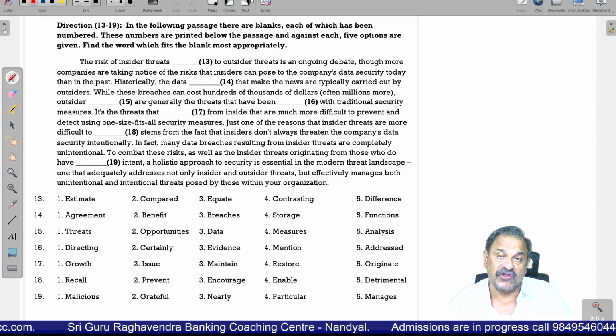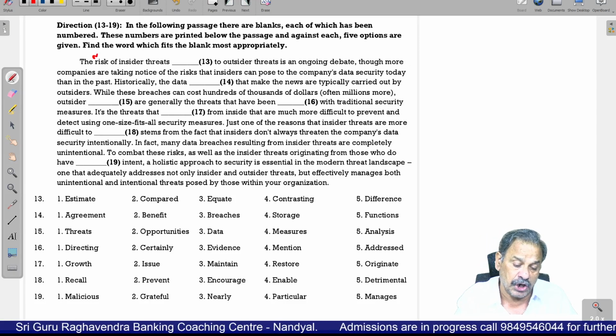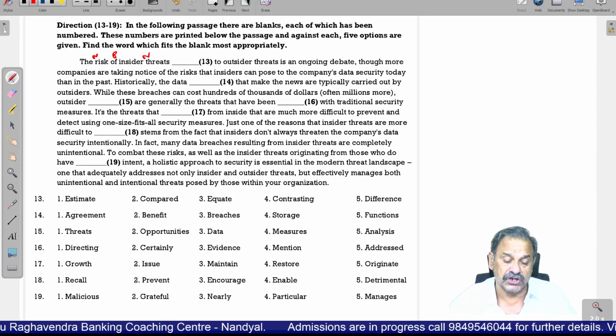The risk of insider threats. This is a noun, this is a preposition, this is a noun, NPN.